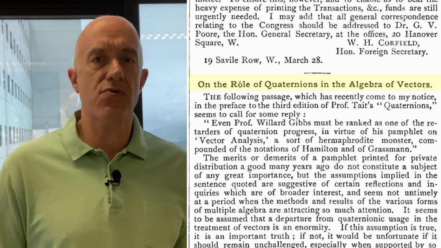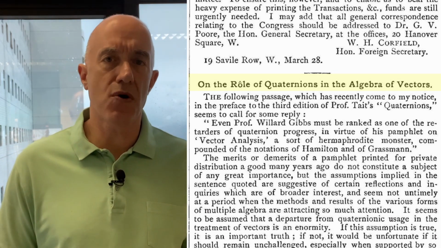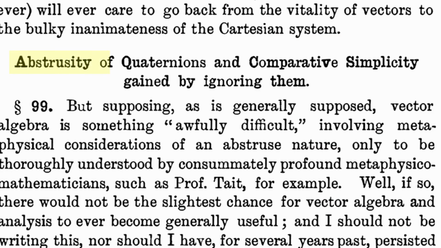Gibbs replied directly to Tait, but we'll get back to Gibbs' comments in a moment. I'd rather start with the more aggressive reply penned by Heaviside. A section of his book on electromagnetic theory was provocatively titled "Abstrusity of Quaternions and Comparative Simplicity Gained by Ignoring Them."